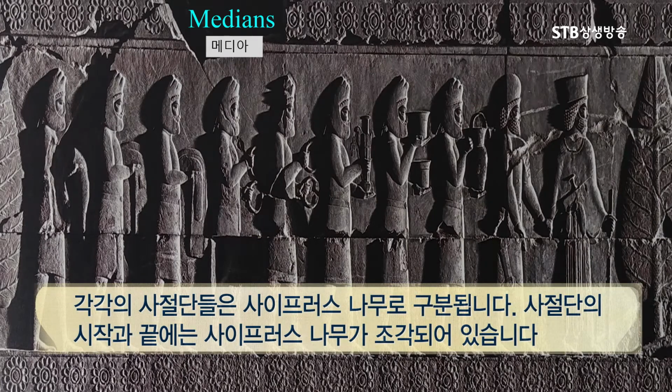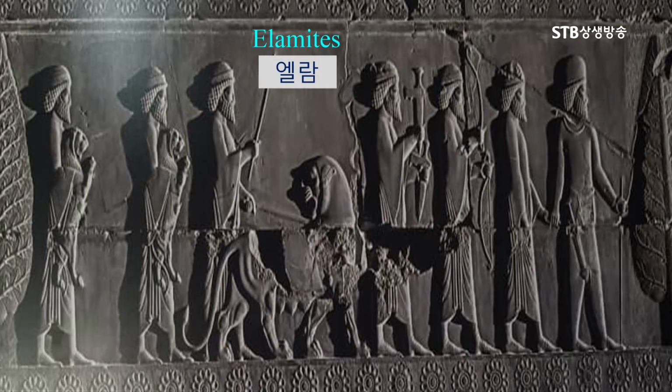Each delegation is divided by one cypress tree. If you pay attention to the red laser point, you can see this is the cypress tree. From this one to the next cypress tree, which is here, on the right and left side of the relief, this is the whole delegation of Medians.